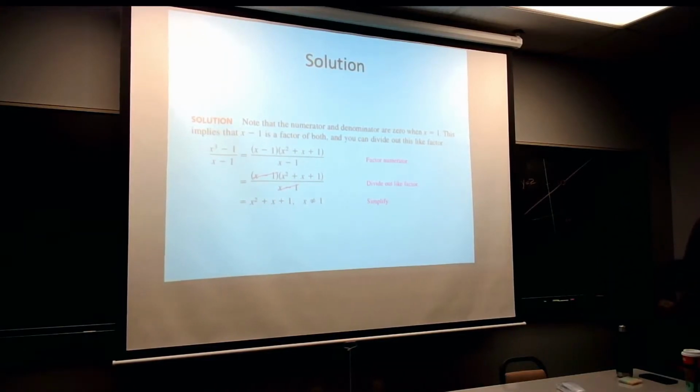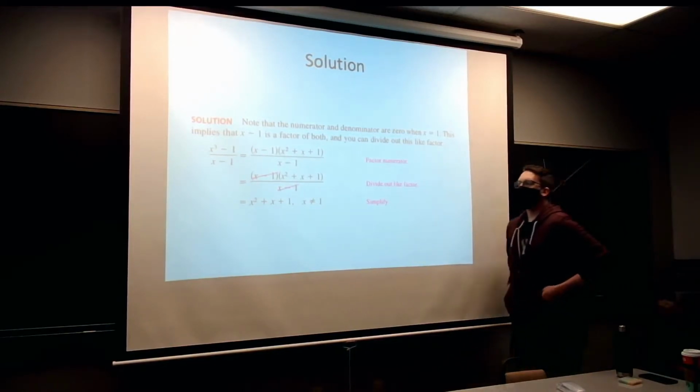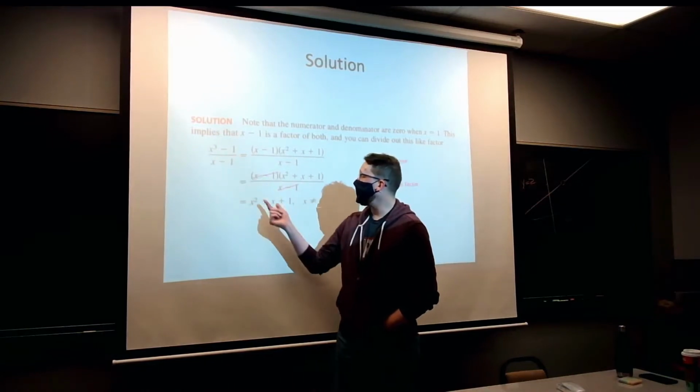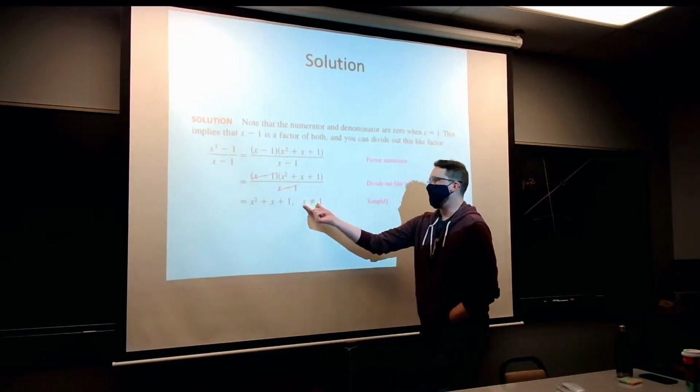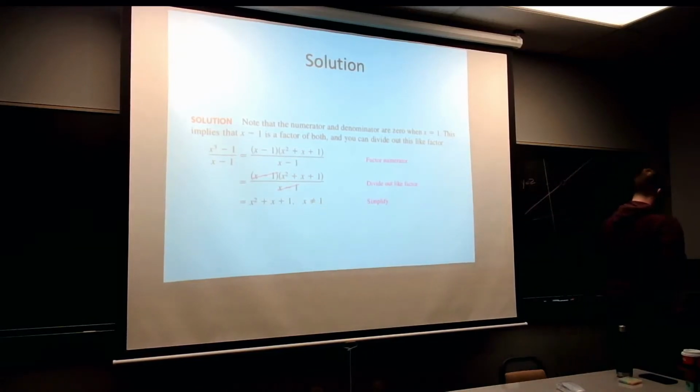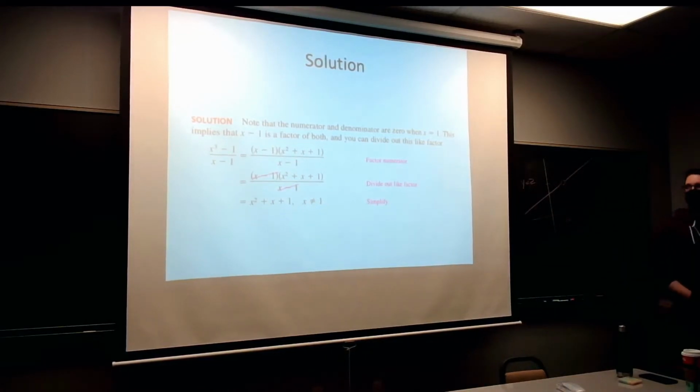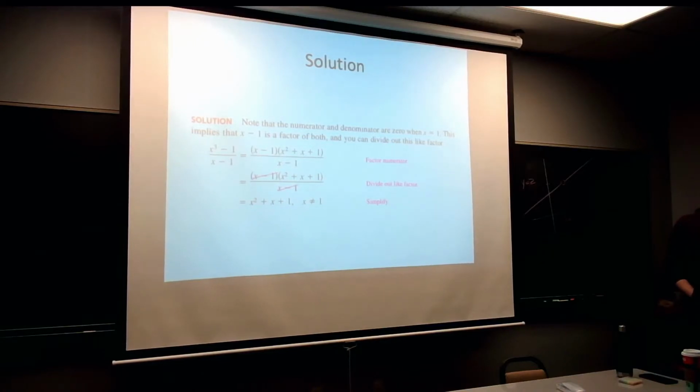Denominator equals 0. Yeah, that's literally exactly why. Because what we're saying with this condition is, yeah, these two things are equal everywhere except at this point. Make sense?